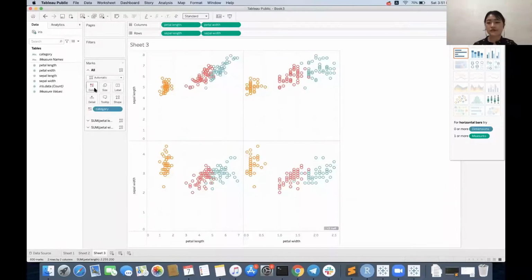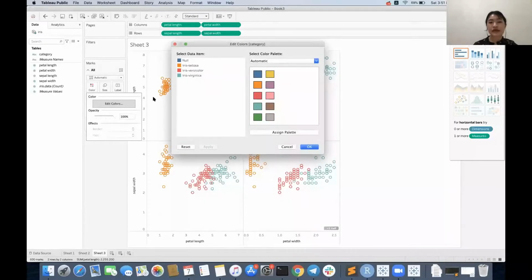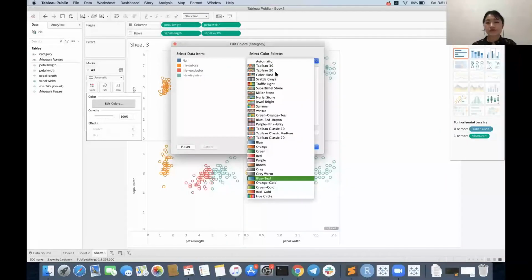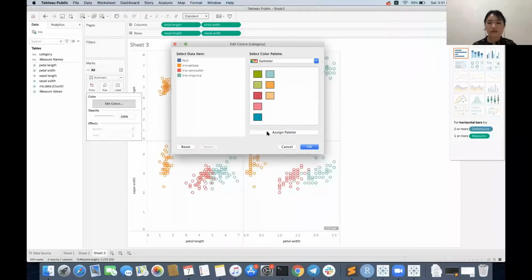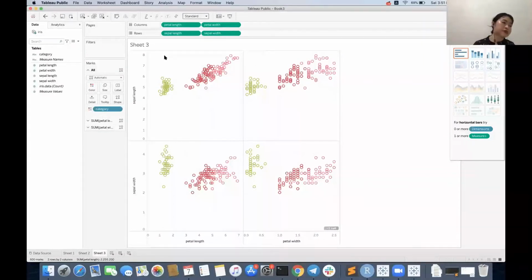You just need to click the color, and then you can see Edit Colors. For example, I want to use the summer palette and just use assign palette, and then okay. So you can see the color is changed, right? So that is the method to build a scatter plot.